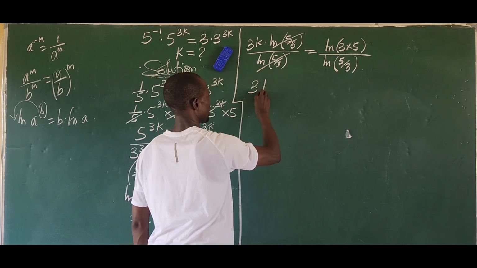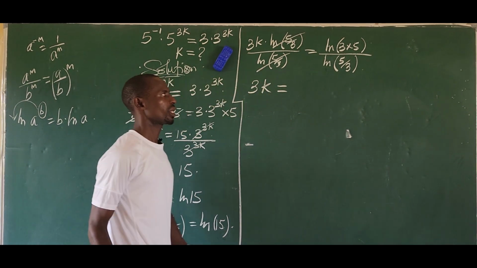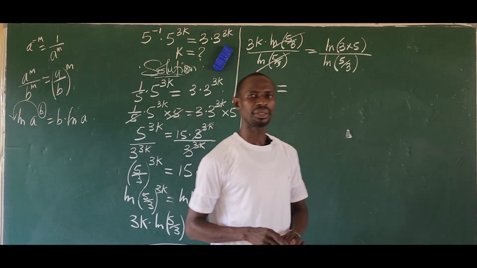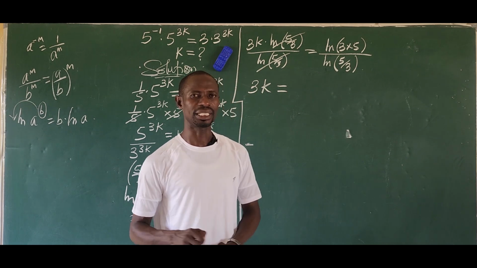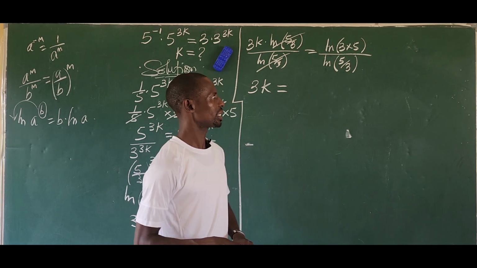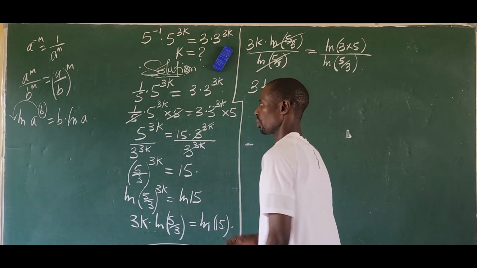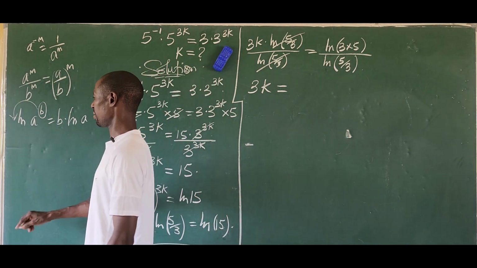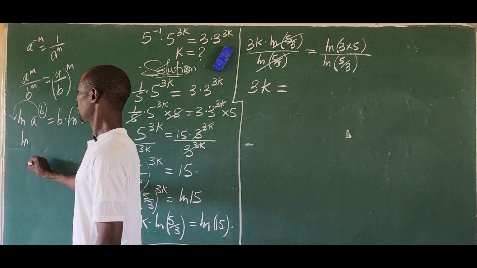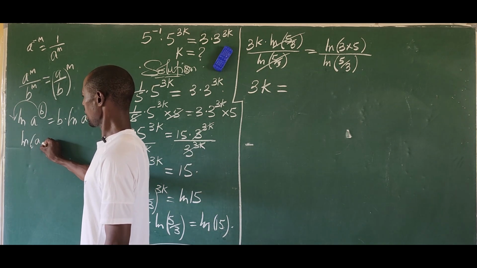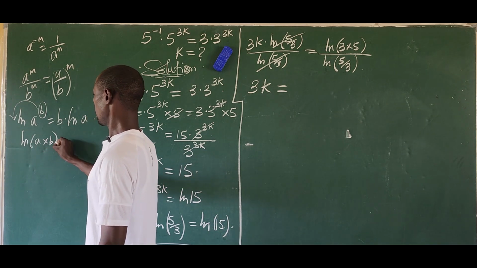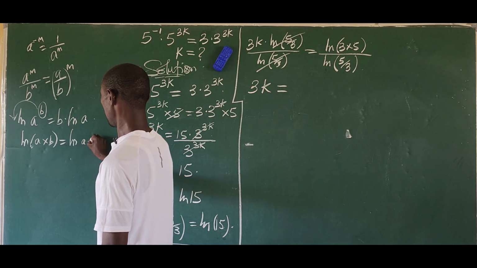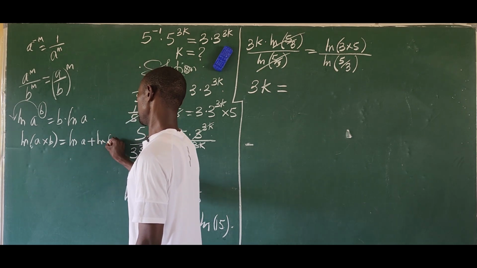Now we are left with 3k equal to, and here we apply two rules: the multiplication rule on the top and the division rule below, in the denominator. The multiplication rule of logarithm says that ln of a times b is equal to ln of a plus ln of b.